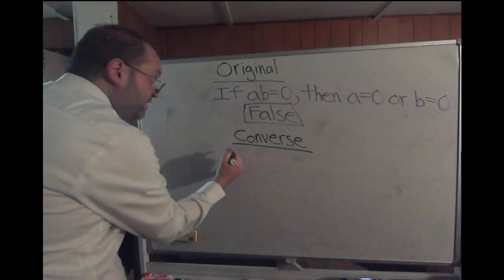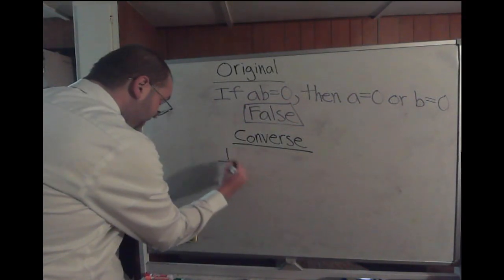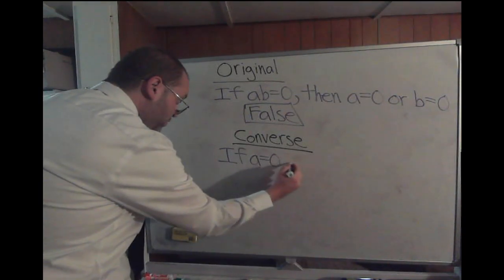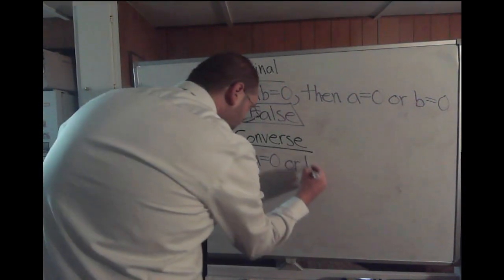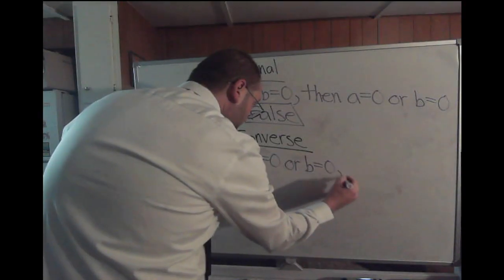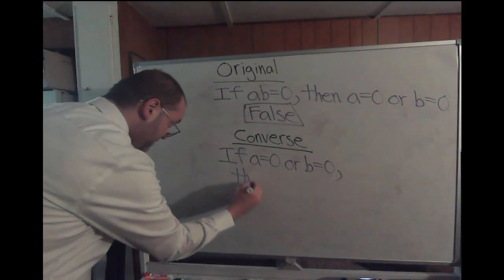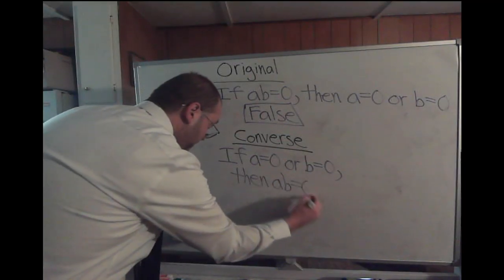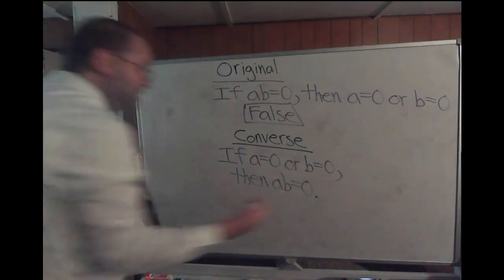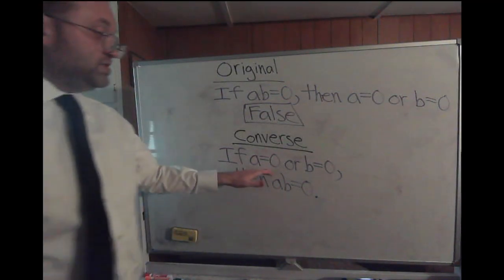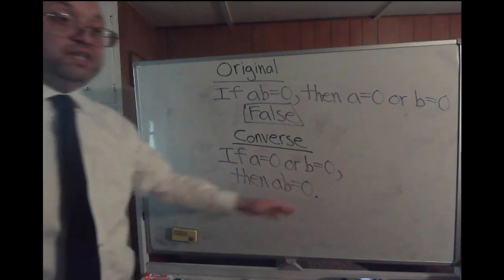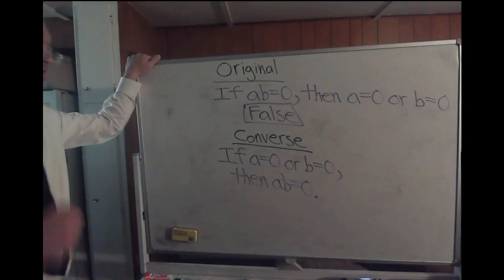Now, what about its converse? If A equals 0 or B equals 0, then AB equals 0. So here's the converse. If A equals 0 or B equals 0, then AB equals 0. Well, that's true.